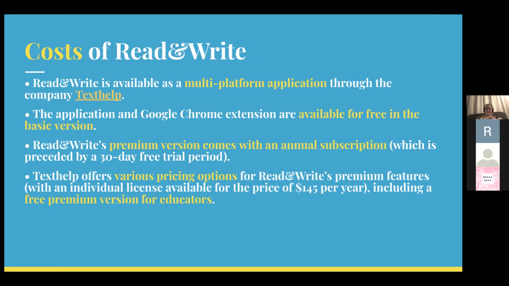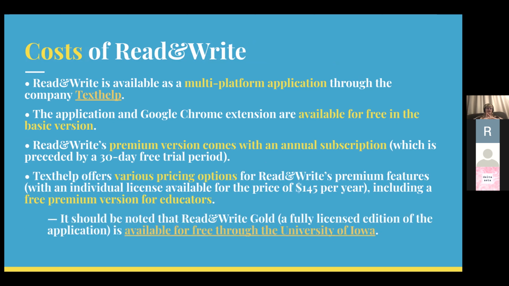Individual licenses are $145 per year, which is pretty expensive, but for educators, they do offer a free premium version if you fill out an application detailing your school's administration contact information and stuff. So that's a very helpful aspect that they've provided.